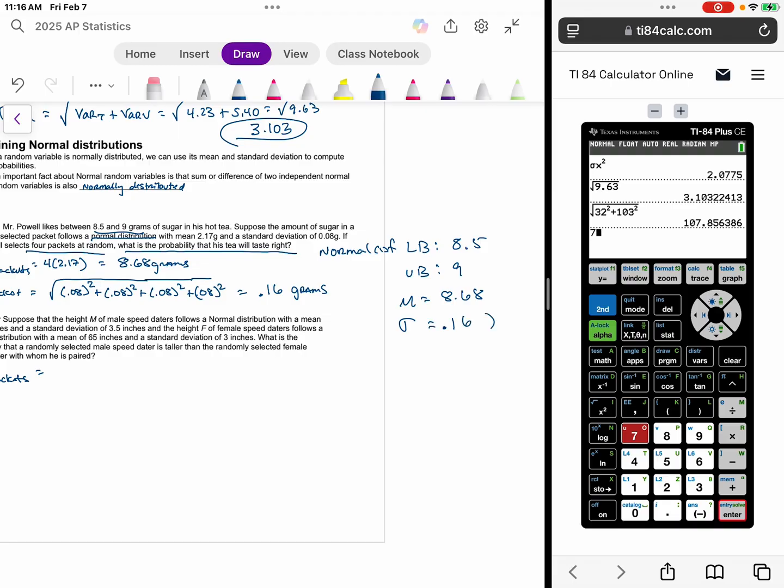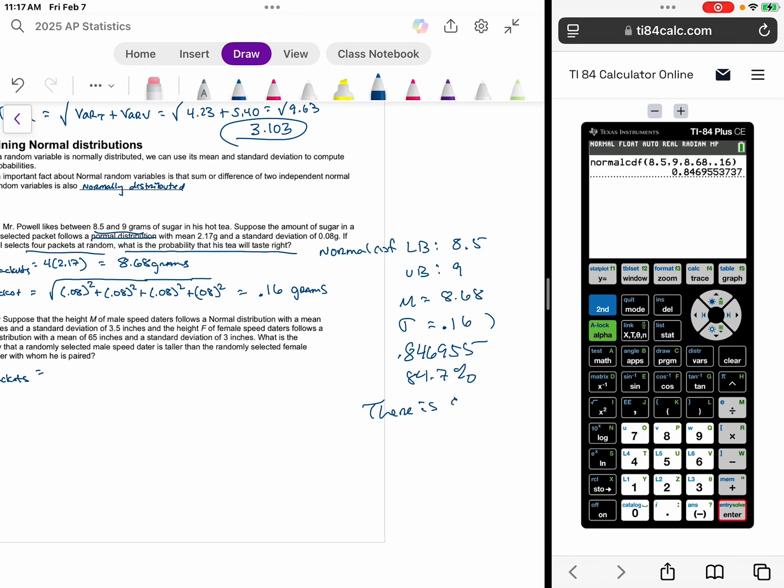So as I go in here and do a normal distribution CDF, we're going from 8.5 to 9, 8.68 is my mean, 0.16. Hit enter a couple times. And we get 0.846955. So about 84.7%.